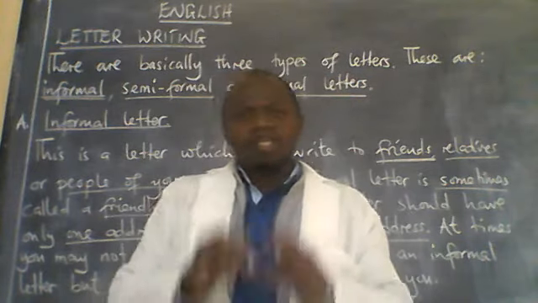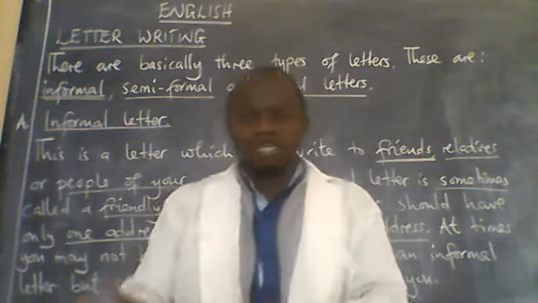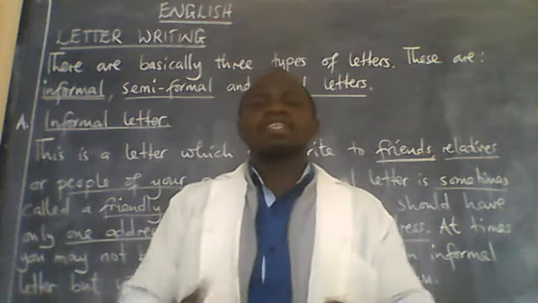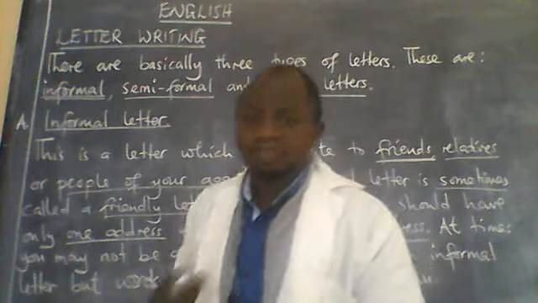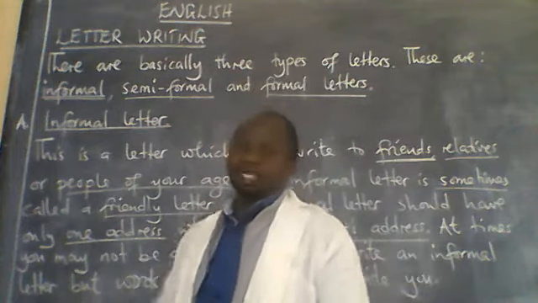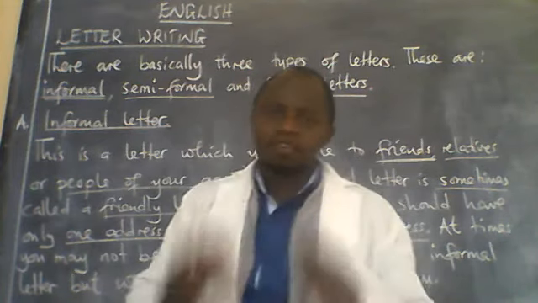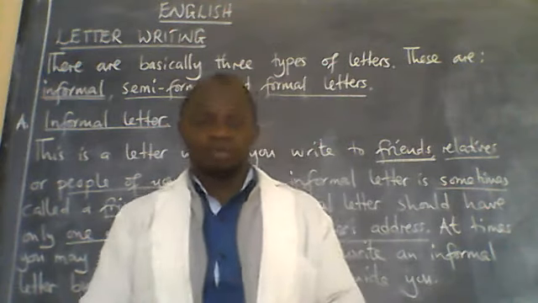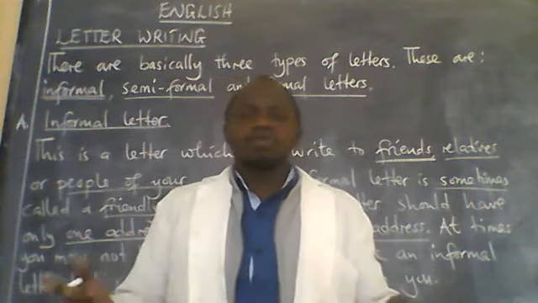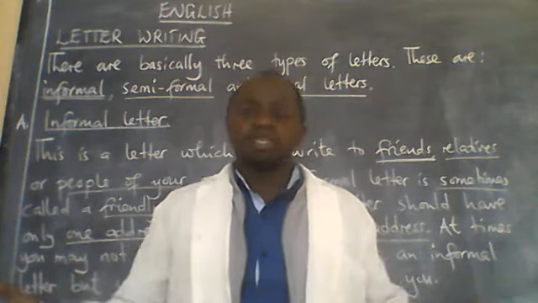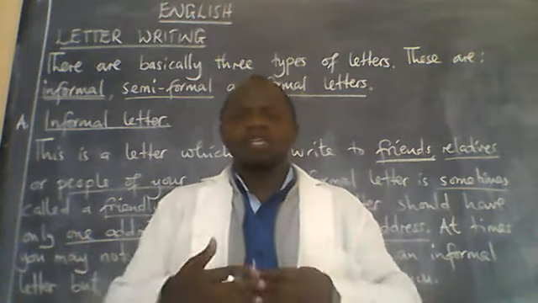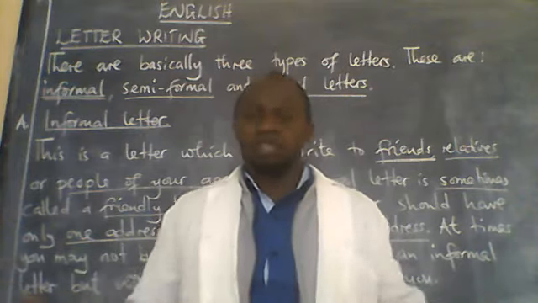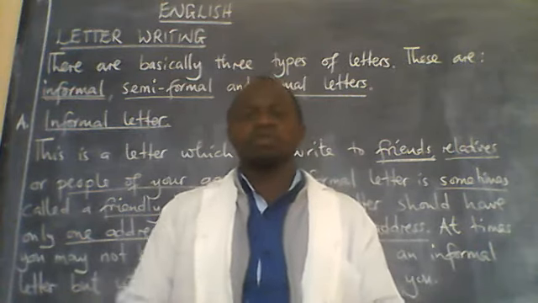By using the words to your friend or to your relative or a person of your same age, that shows you they are talking about an informal letter. And because it is an informal letter, the language or the English that you can use is that of a friend, the one that you use to talk to your friend.